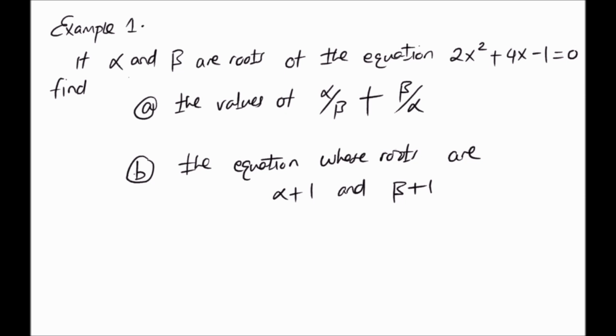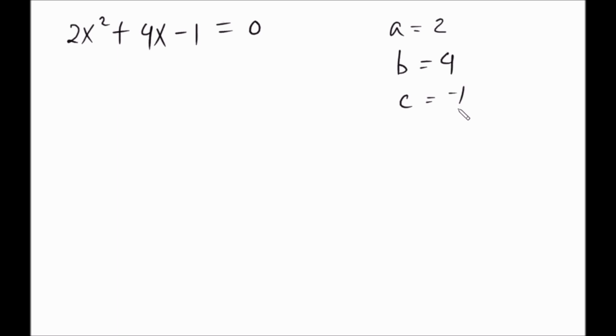So we have this equation here. So alpha and beta are the roots of this equation. So my a here is 2, my b is 4, my c is -1.